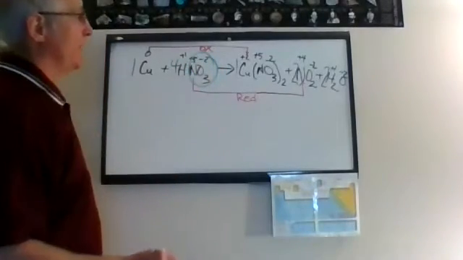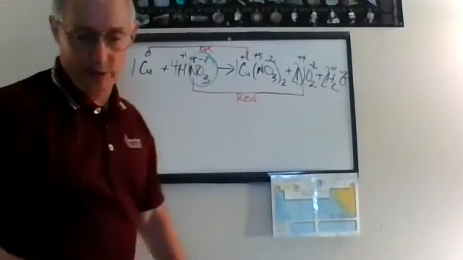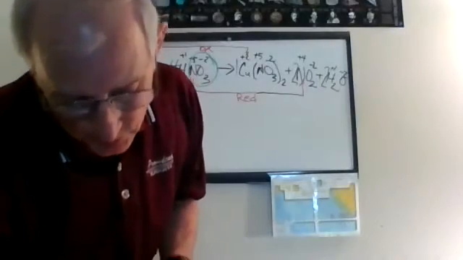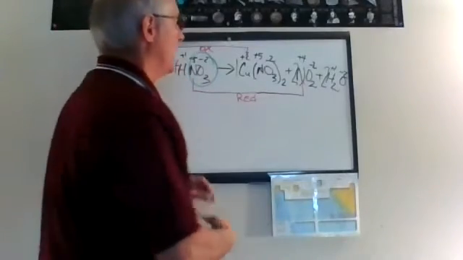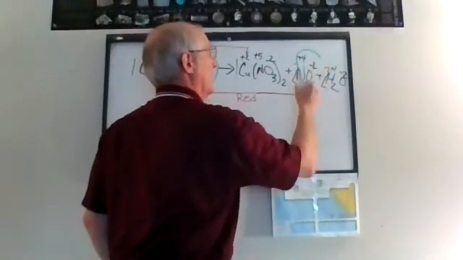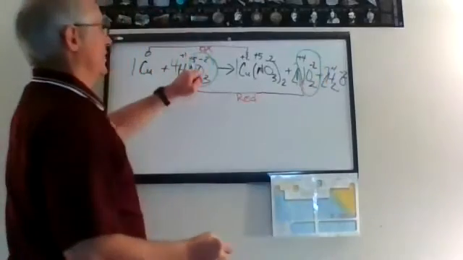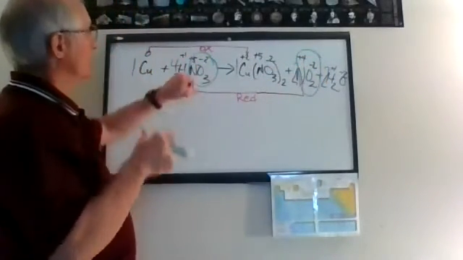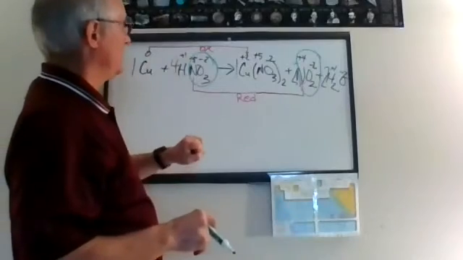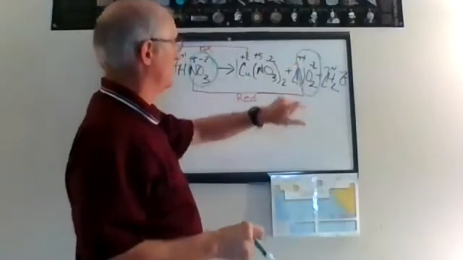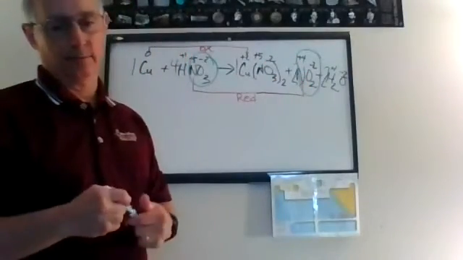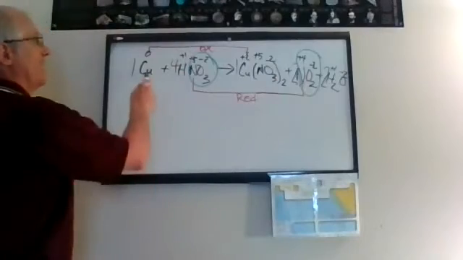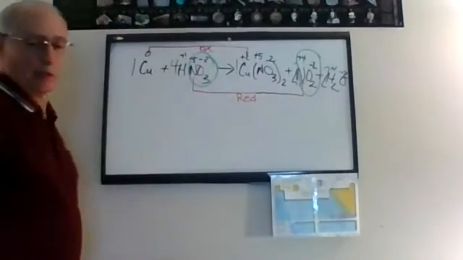We say the nitrate ion is reduced into nitrogen dioxide. Because it goes from +5, +4 for the nitrogen atom, we say that this whole unit, nitrate, is reduced to nitrogen dioxide. And of course, we say that copper is oxidized.